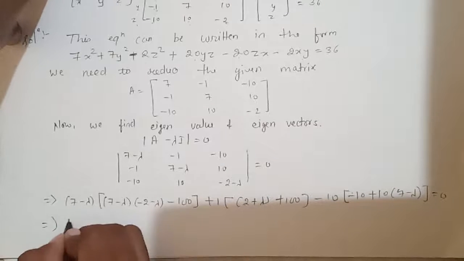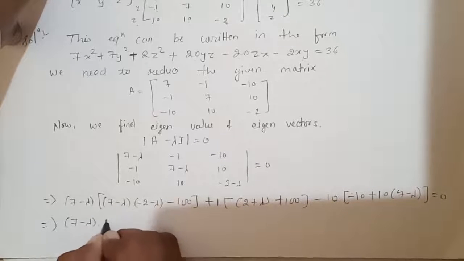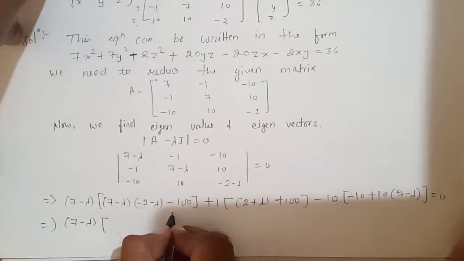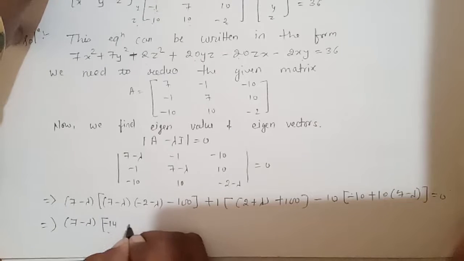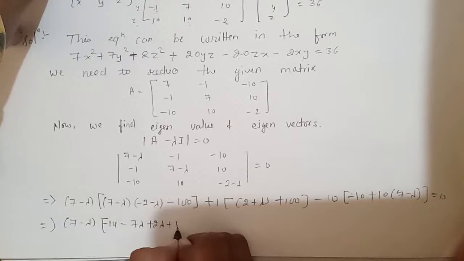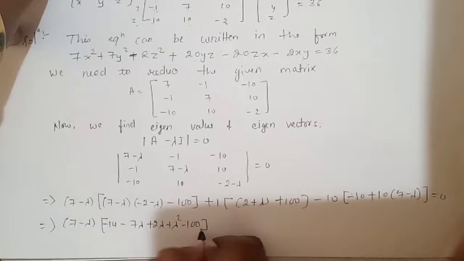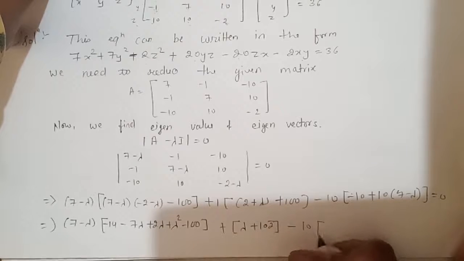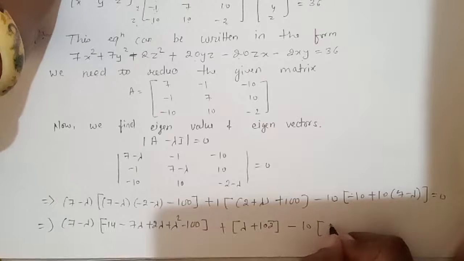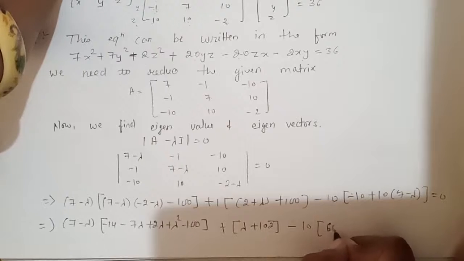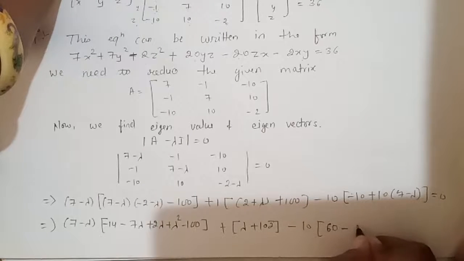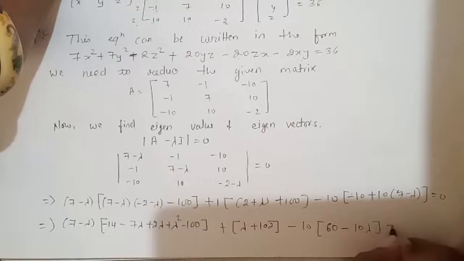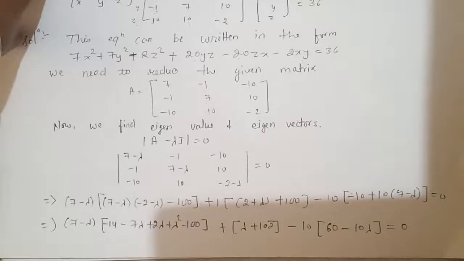Now from this I can calculate 7 minus lambda. On solving this, 14 minus 7 lambda plus 2 lambda plus lambda square minus 100 plus lambda plus 102, minus 10 into 70 minus 10 lambda, so this becomes plus 60 minus 10 lambda is equal to 0.